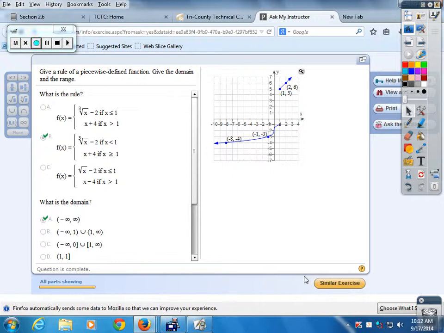But if it says for each function, then the domain is negative infinity to 1, parenthesis, and then 1, bracket, to infinity. But they're not asking you that. They're saying, given the rule of the piecewise function, so they're asking you, as the whole thing, what is the domain and range?